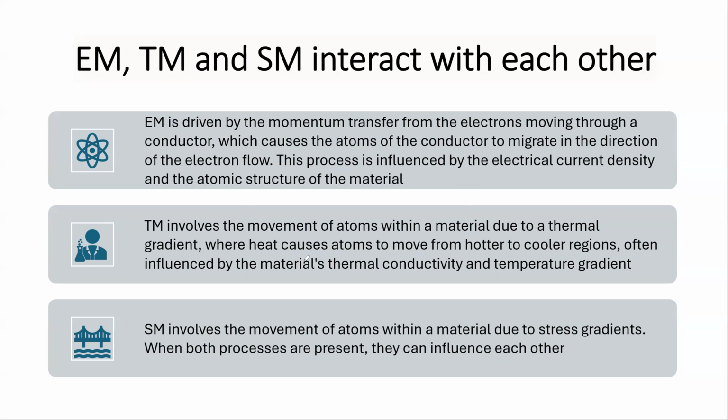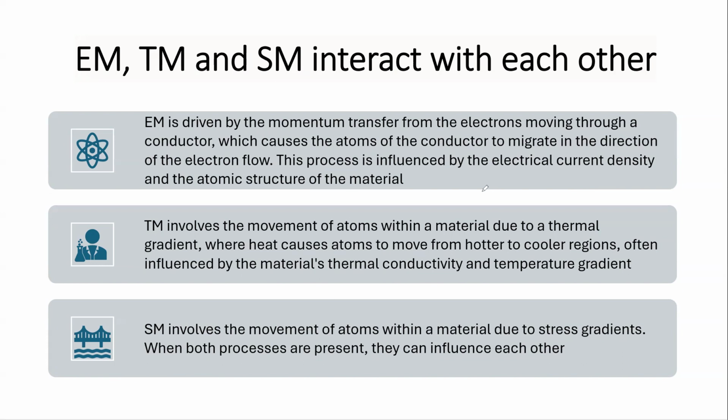And with the thermal gradient, the atoms want to move from hot to cold because of temperature. Are they in the same direction as electron migration, the direction of electron flow? Don't know, right? It depends on the material thermal conductivity and thermal gradient. Tricky. And stress: because your atoms are moving forward, you change the environment as it happens, and that stress pushes back against the material's intent.